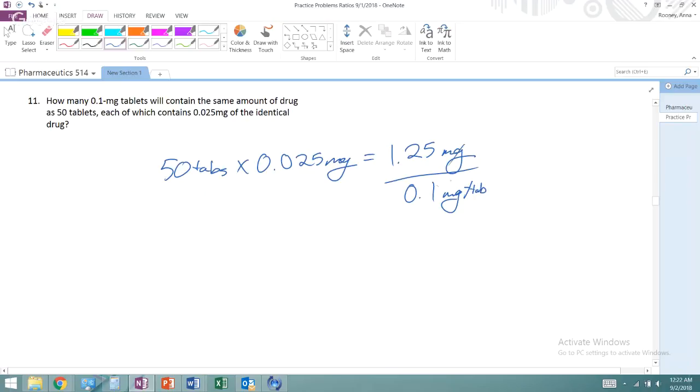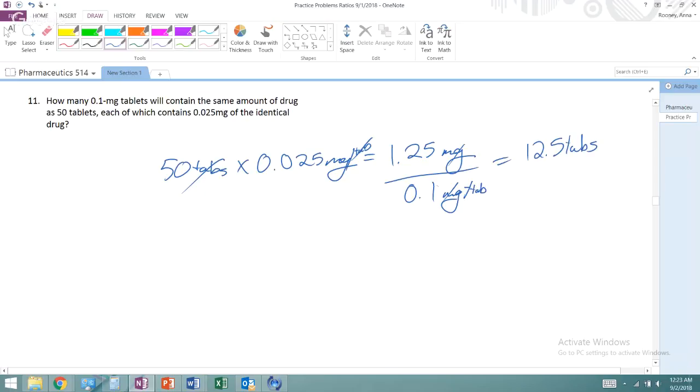So then these get canceled out, and then you find out how many tablets you have. Okay, so this is per tab as well, and that cancels out those. That's how that works. So then that is 12.5 tabs.